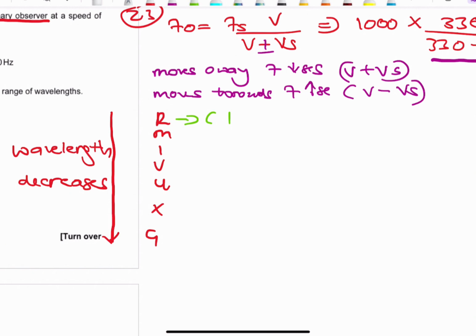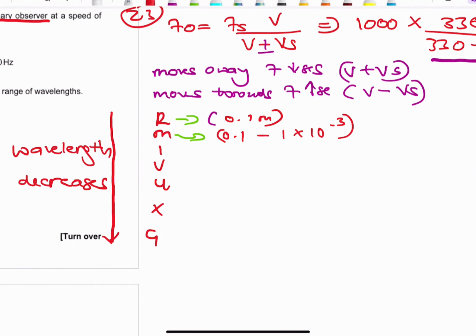So the easiest one to memorize: if it's greater than 0.1 meters, most probably it is radio. For microwave, it's basically from 0.1 to about 1 times 10 to the power of -3. That's going to be micro.